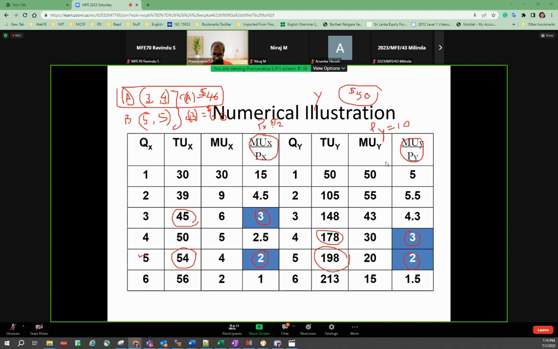Always rational individuals would like to go for higher satisfaction, definitely buying basket B, but the issue is the money income. So they have to be satisfied with basket A, which means utility 45 plus 178, so 223 amount of satisfaction that particular person can get.